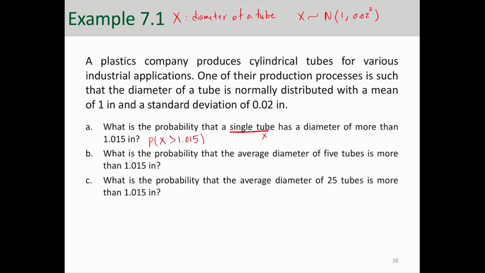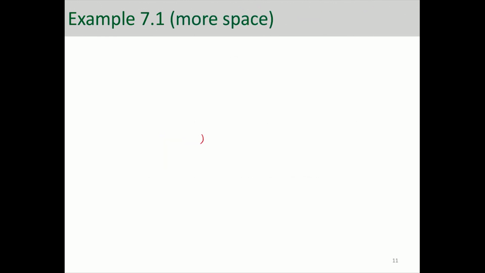We already know how to calculate that. Let's go ahead and quickly calculate this. So we're calculating the probability of x more than 1.015.